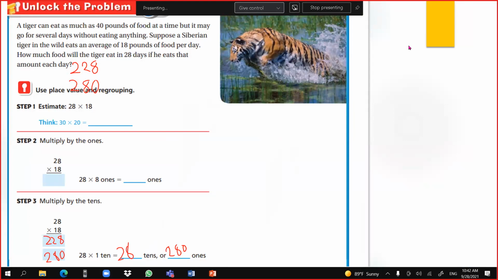Okay, sorry. Yeah, I'm waiting. Can I go now to the next page? Okay.